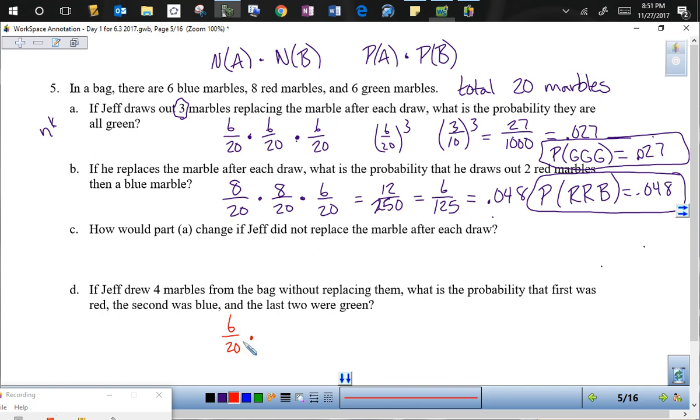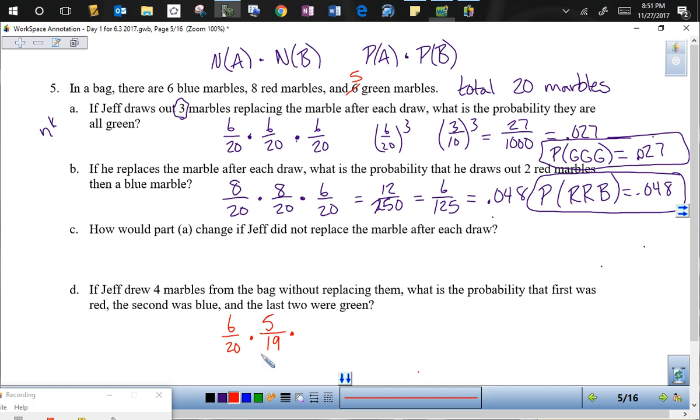We've taken out a marble, and we did not replace it. So we no longer have 20 marbles in the bag, we only have 19. And that marble that we drew out the first time happened to be green. So now instead of having 6 green marbles, we only have 5 left. So the probability of a green on the second draw is 5 out of 19.